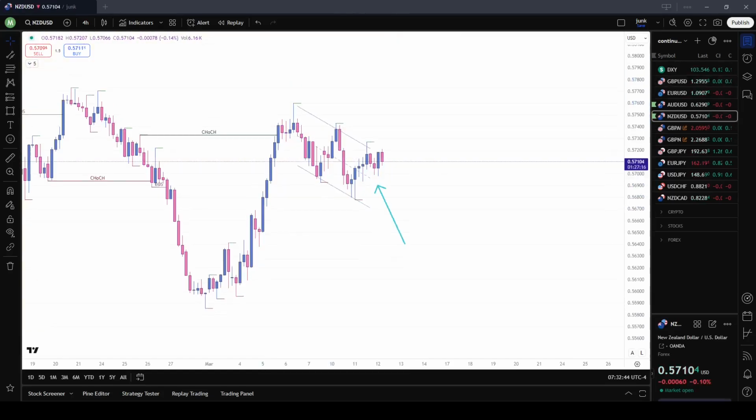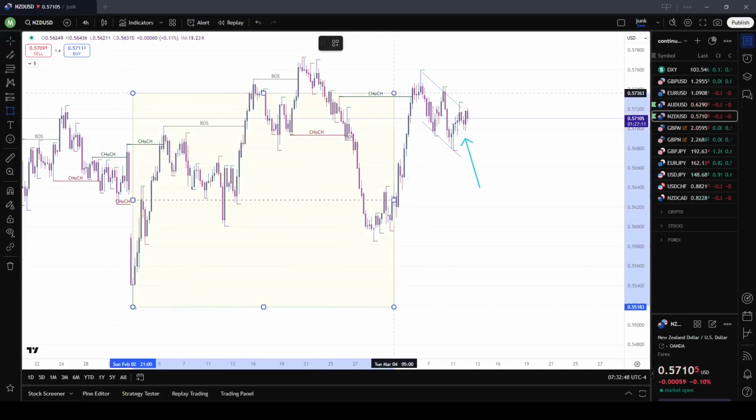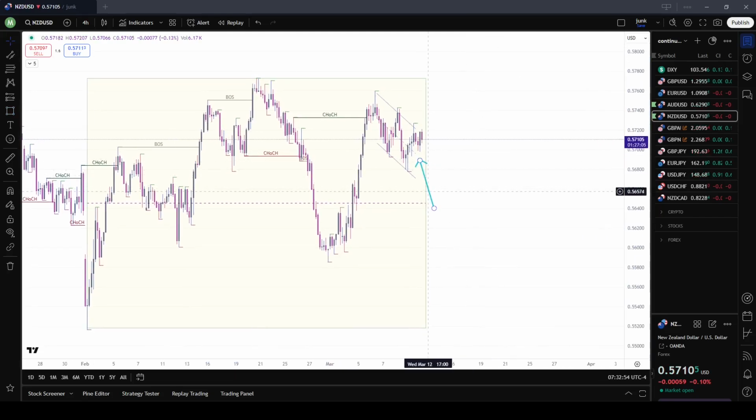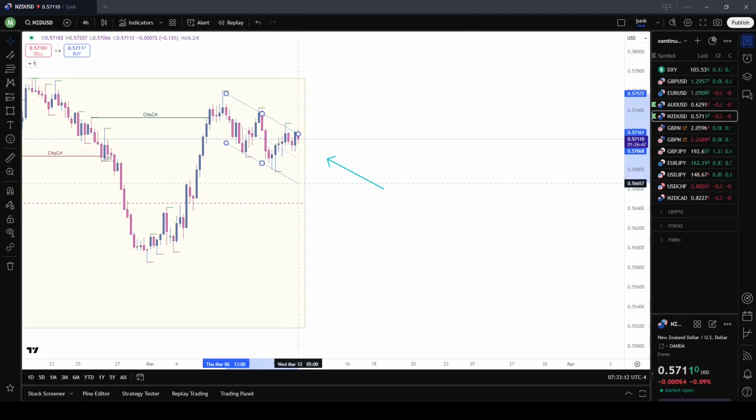NZD USD, similar chart. Let's go map out the current range. Just like with AUD USD, it came back into discount, started increasing prices, taking out the liquidity, but didn't take out all the liquidity. The buyers here weren't able to take out the highs, so now we're in a descending channel, possibly a bull flag, waiting to see an opportunity, and the opportunity may be presenting itself now.